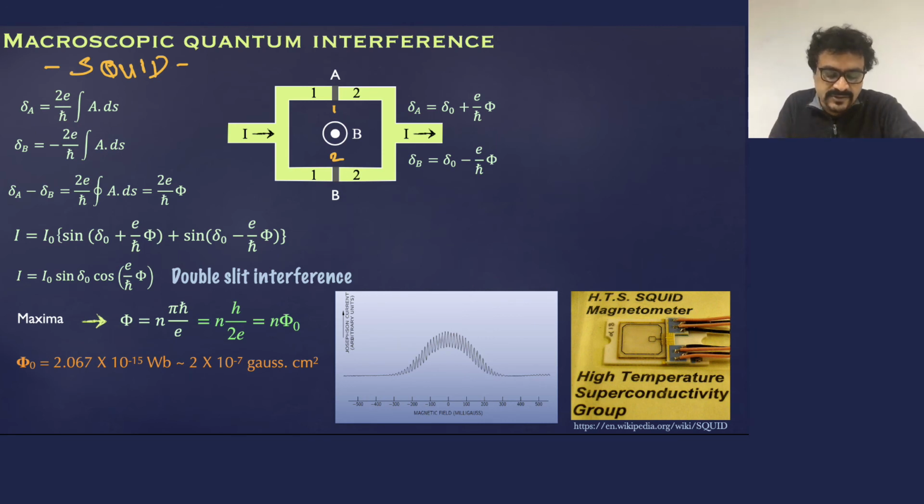The phase difference for the charge carriers propagating through the upper arm compared with the lower arm basically has two parts.